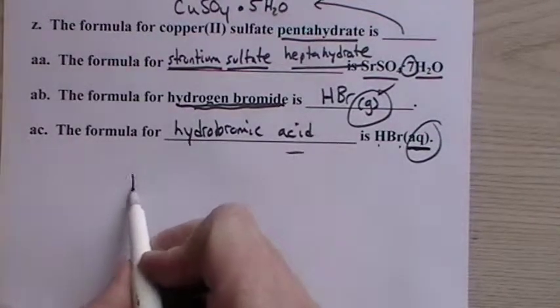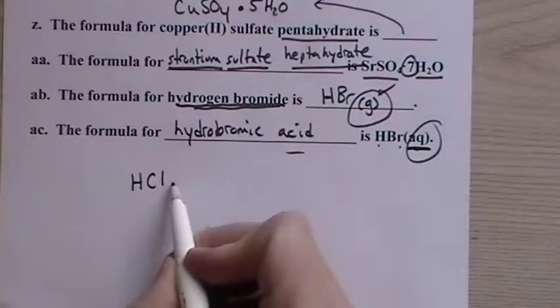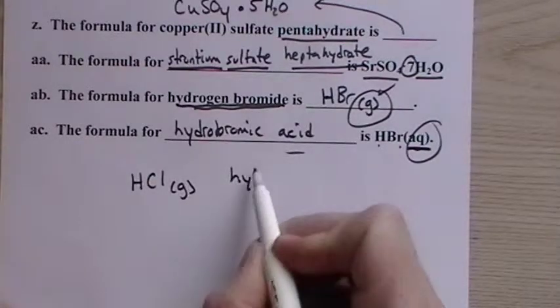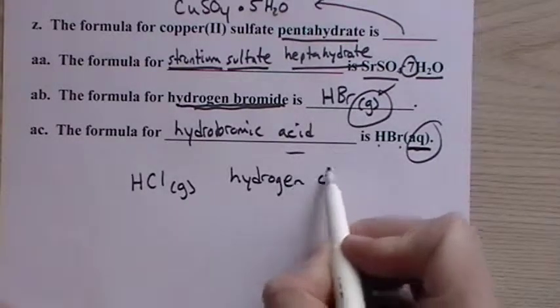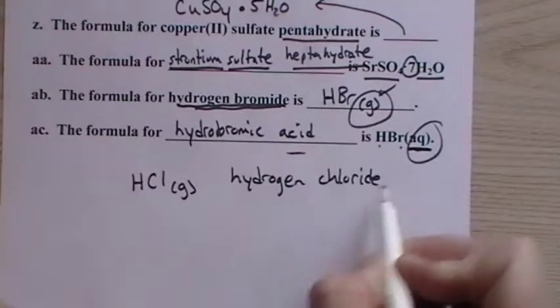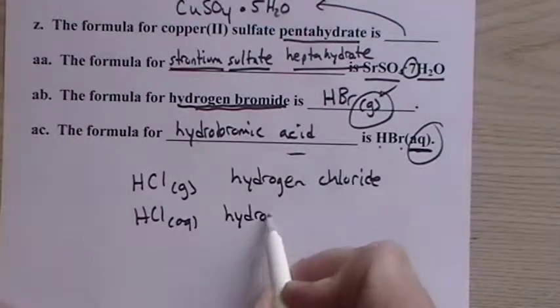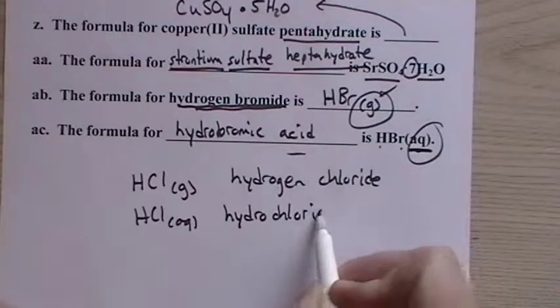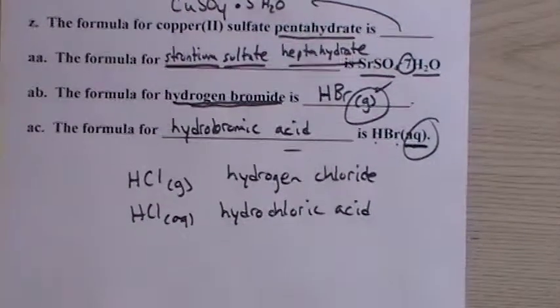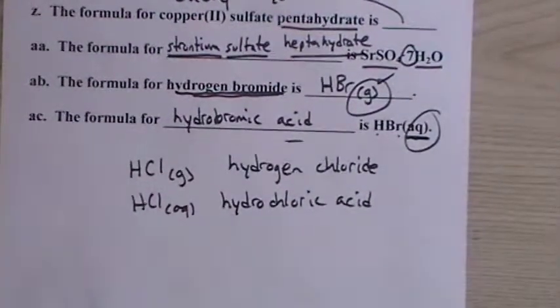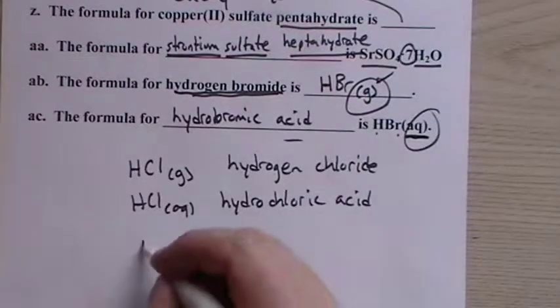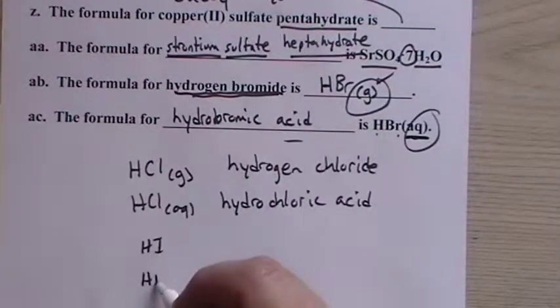Same thing here. This is HCl gas. That's hydrogen chloride. HCl aqueous is hydrochloric acid. Two different things. Same thing goes for the halogens HI and HF.